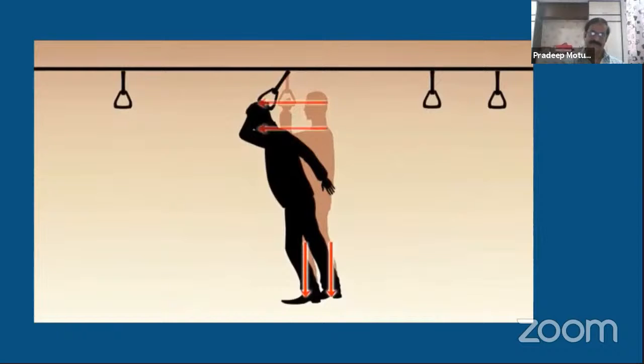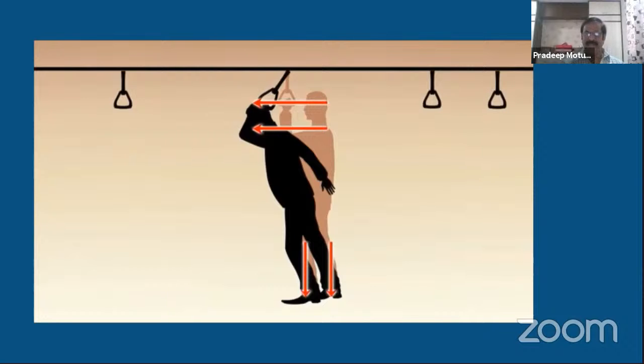Why? As you know, the lower portion is in contact with the bus and the upper portion is in the air. The bus is in motion, which means everything is in motion. The person is also in the state of motion.